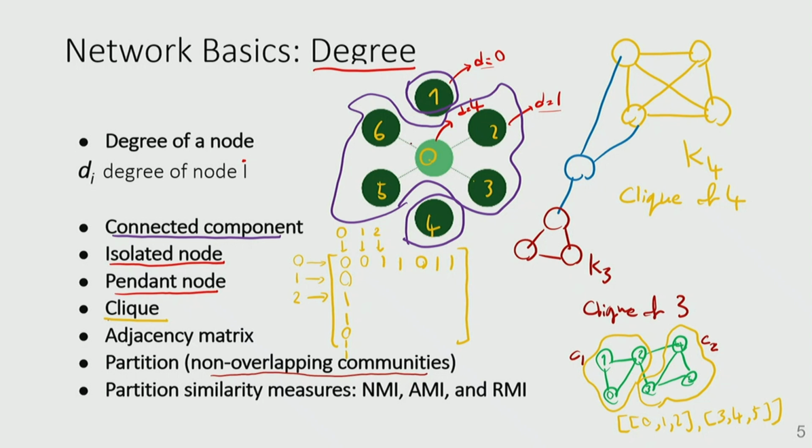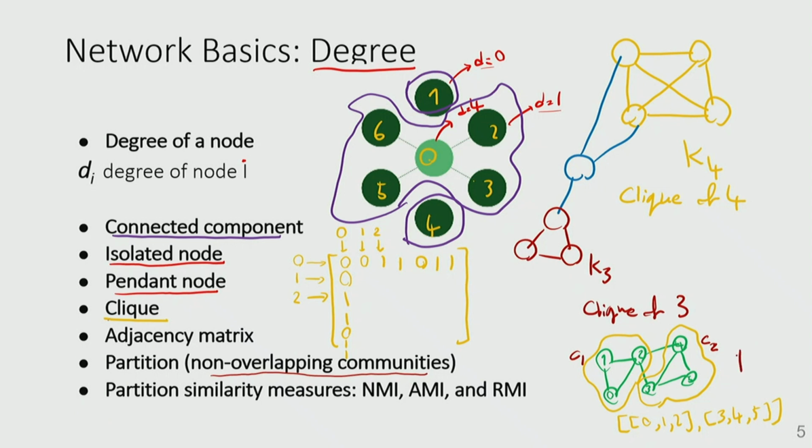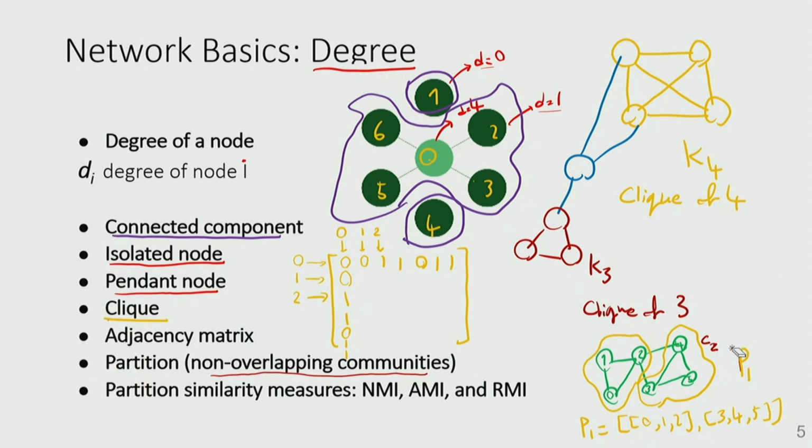If we have two partitions for the same network, there are partition similarity measures that tell us how similar two partitions are. Here, one partition is P1, in yellow, which involves two communities, C1 and C2.